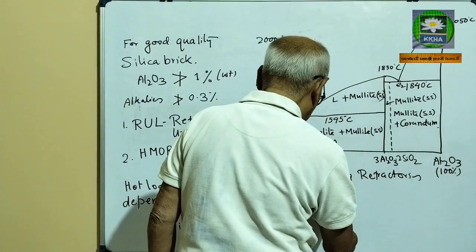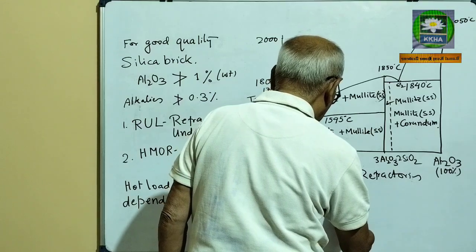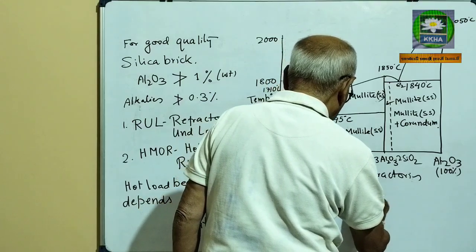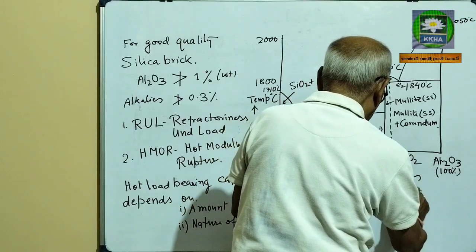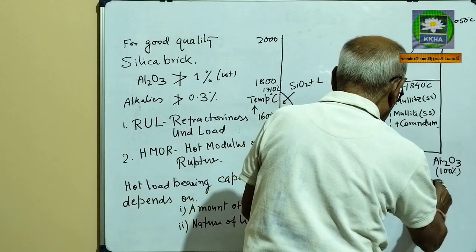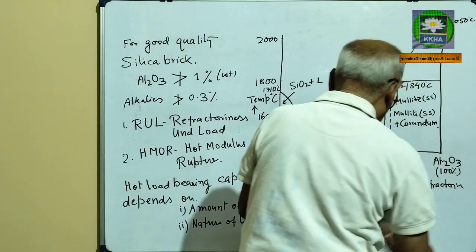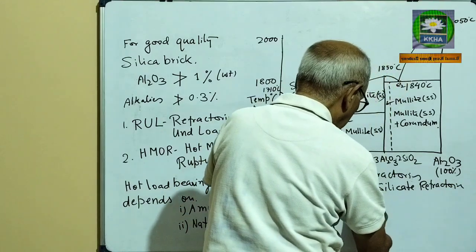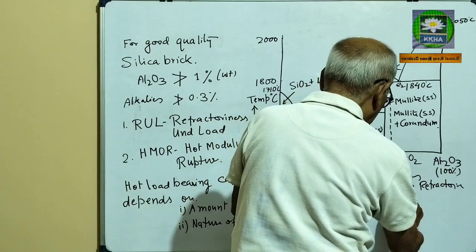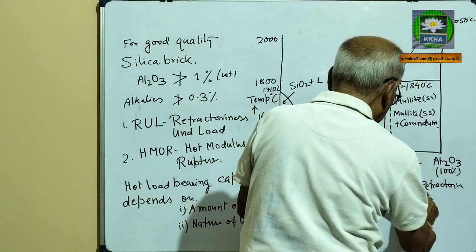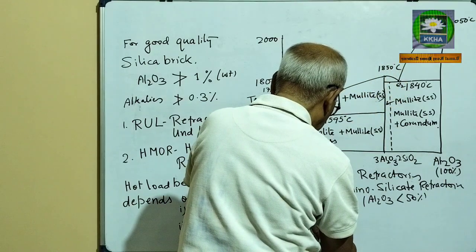Number two, alumino-silicate refractories, refractories where alumina Al2O3 is less than 50%, and third is high alumina refractories.